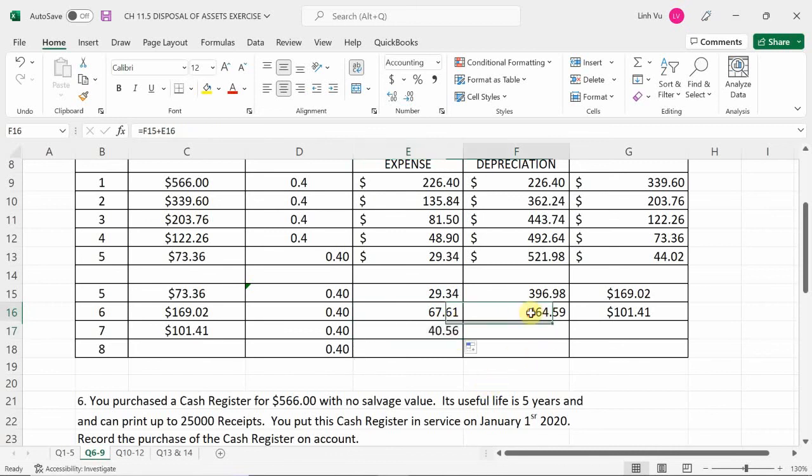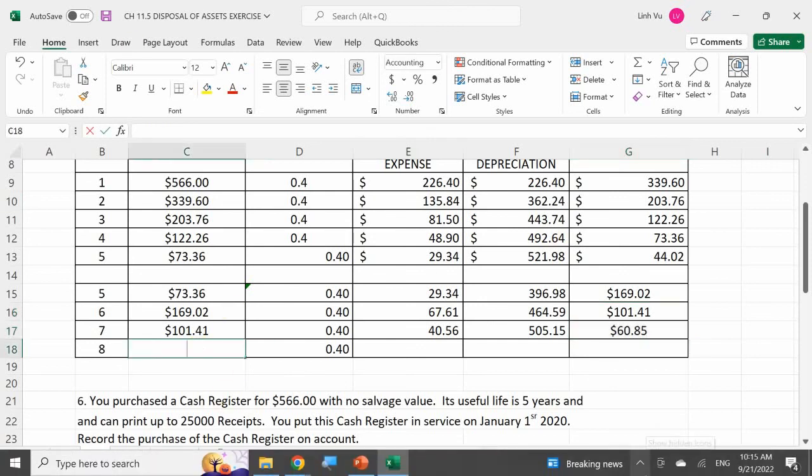And what is your accumulated? $505.15. Good. Giving you your book value to be $60.85.